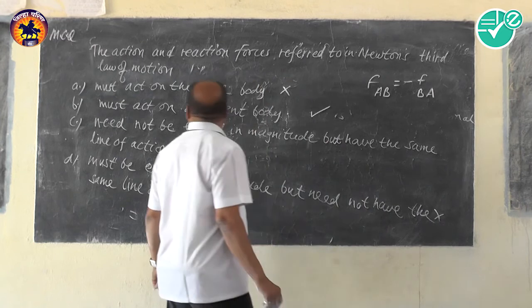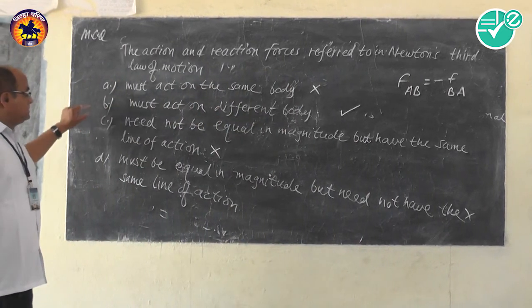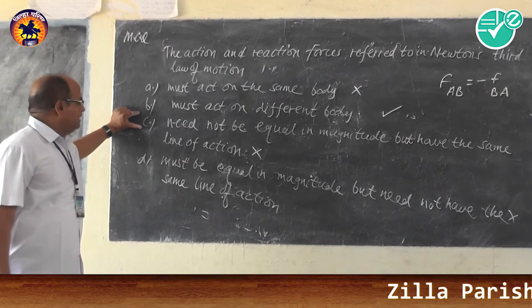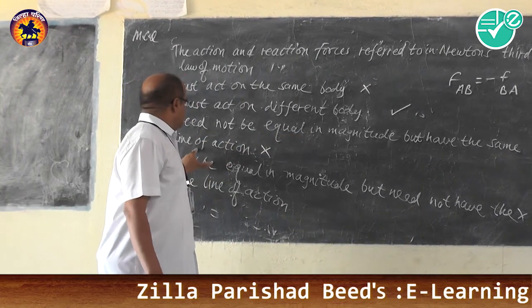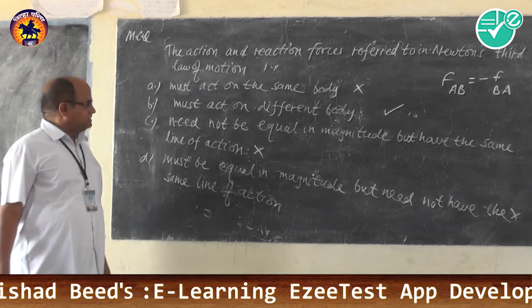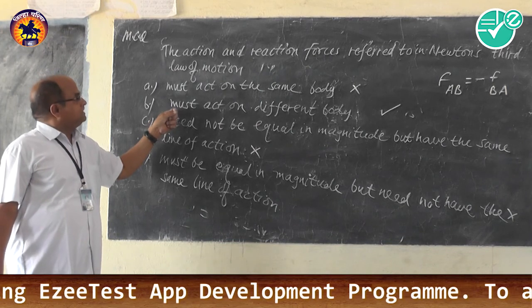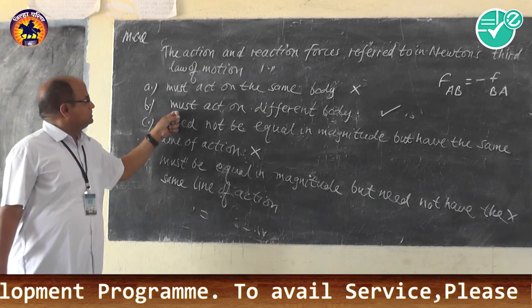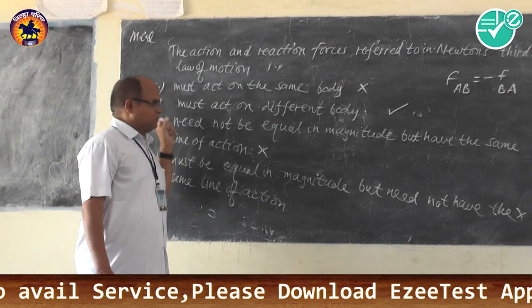So the correct answer is must act on different bodies. This option could have been correct if it said need be equal in magnitude and same line of action. But the more exact answer for action and reaction forces referred to in Newton's third law of motion is that they must act on different bodies.